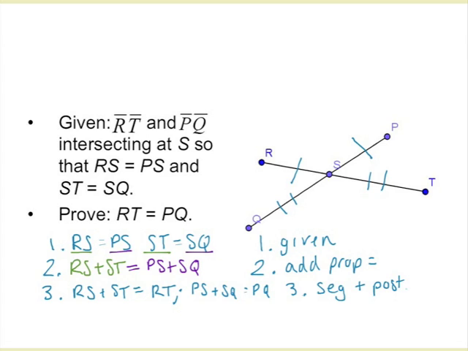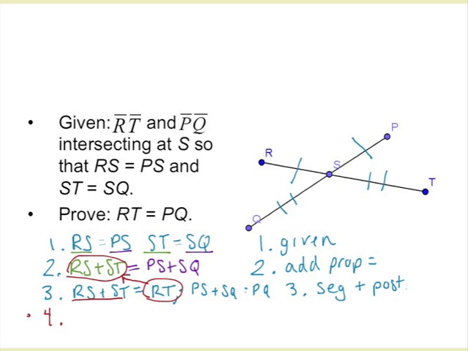Now our final step is going to be to look at our last 2 previous steps here and combine some information. So what I can do is look at step 2 and say, that says RS plus ST, but this next step also says RS plus ST is the same thing as RT.